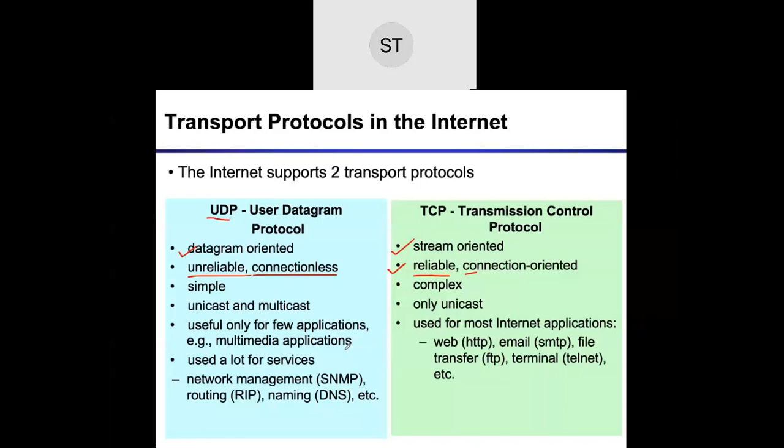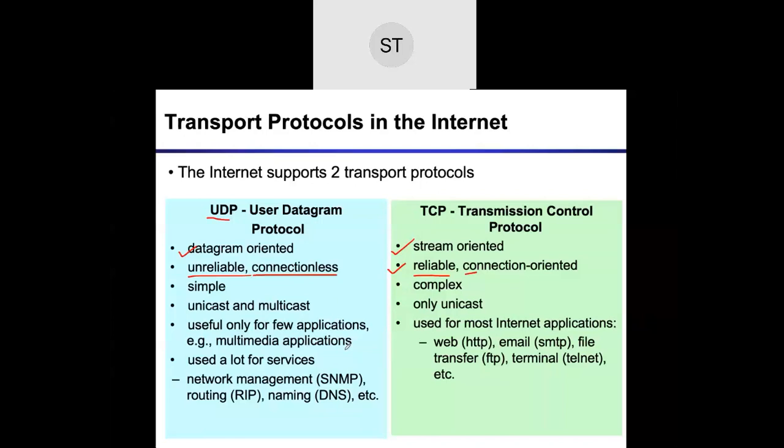Another interesting part is both the protocols are supported by IP. And what we have discussed is IP is a completely connectionless and unreliable protocol. So how can we say TCP is connection oriented and reliable? Okay, this is very interesting. Got the point?